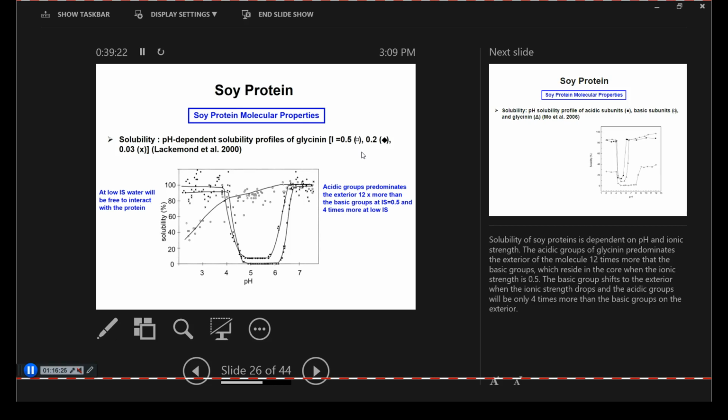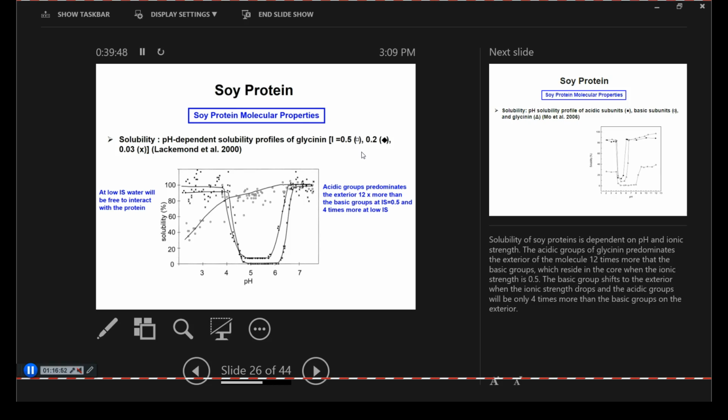However, when we reduce the salt concentration, then we see that bell shape. When we reduce the salt concentration, now we have basic groups dominating the exterior more. So they are more on the surface. So instead of being 12 times more for acidic groups on the surface, only 4 times more on the surface.